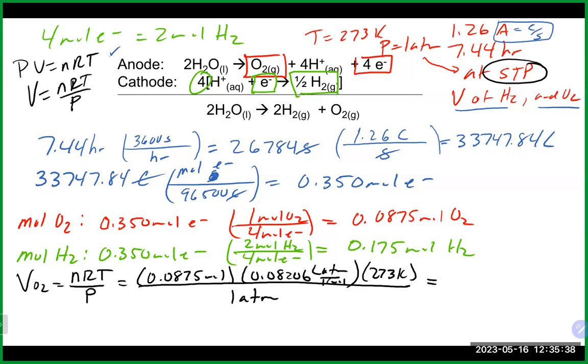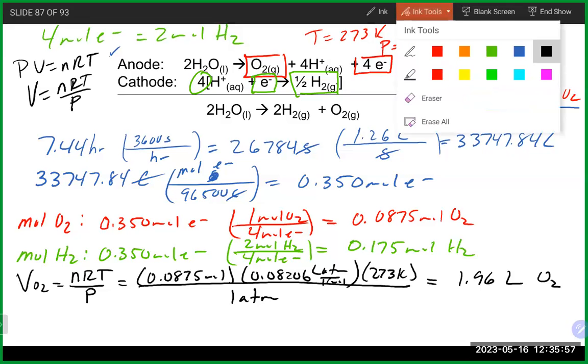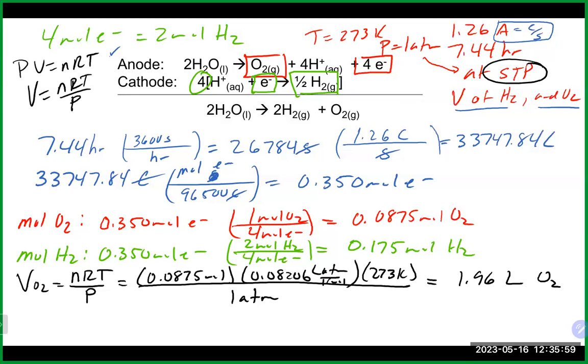And if we do that, 0.0875 times 0.08206 times the 273, that's about 1.96 liters of O2 would be made here. We can also do pretty much the same calculation for our volume of H2.